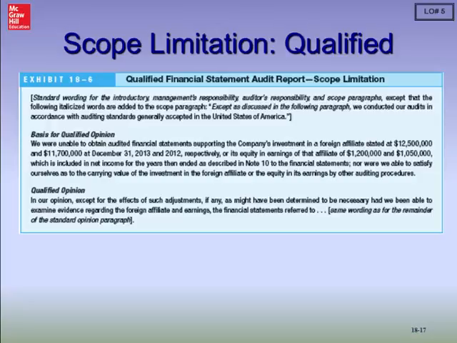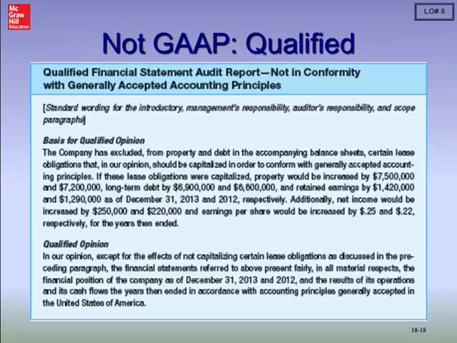But again, the key word, and this is why it's qualified, is we are qualifying our fair presentation opinion with an except for. So that's why it's called a qualified opinion.